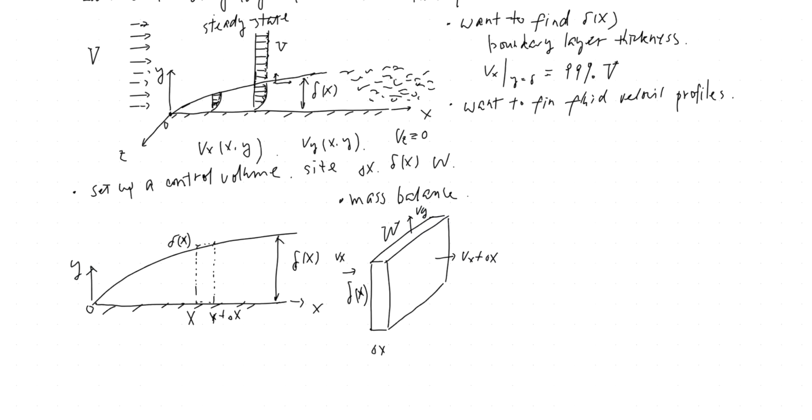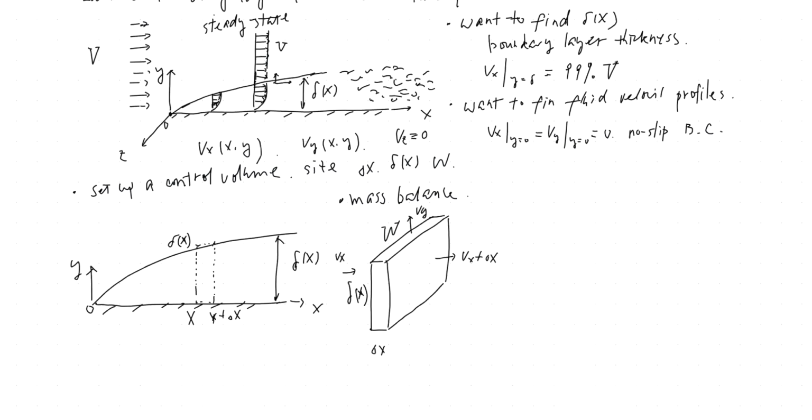Because of the no-slip boundary condition, we expect Vx evaluated at y equal to 0, right on the plate, equal to Vy right on the plate, equal to 0. This is the no-slip boundary condition. So you don't need to worry about the mass flow on the lower surface, since there is no mass flow.